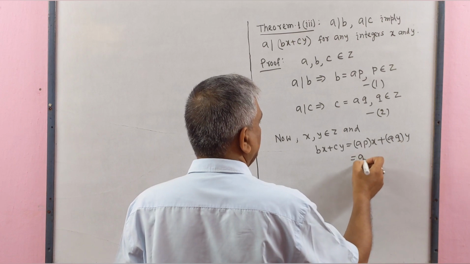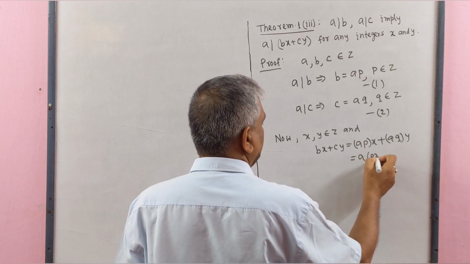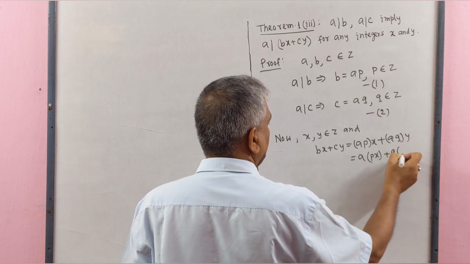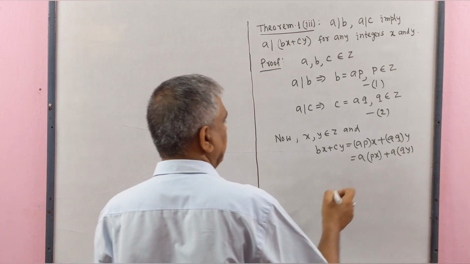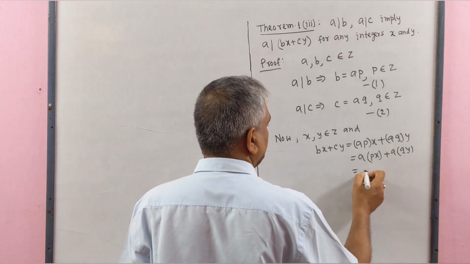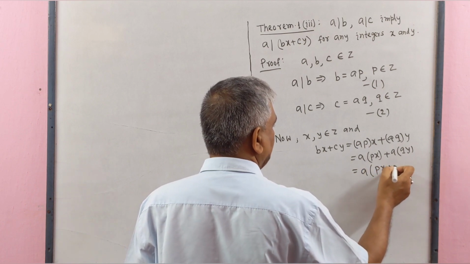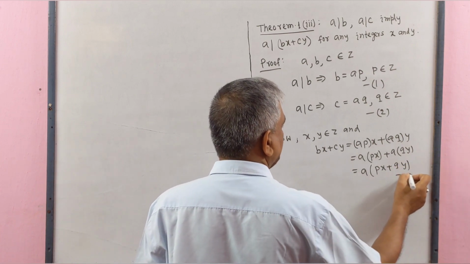This equal to A(Px) by associative law plus A(Qy) by associative law, and by distributive law A(Px plus Qy). This is number 3.